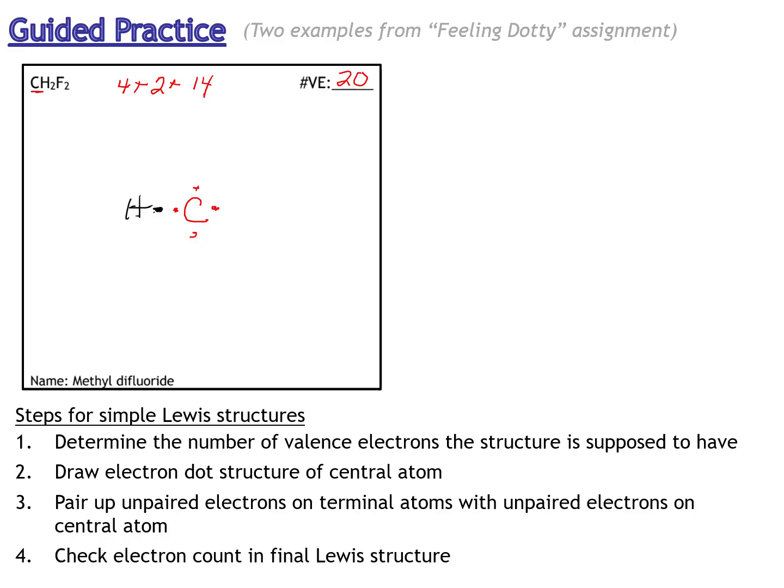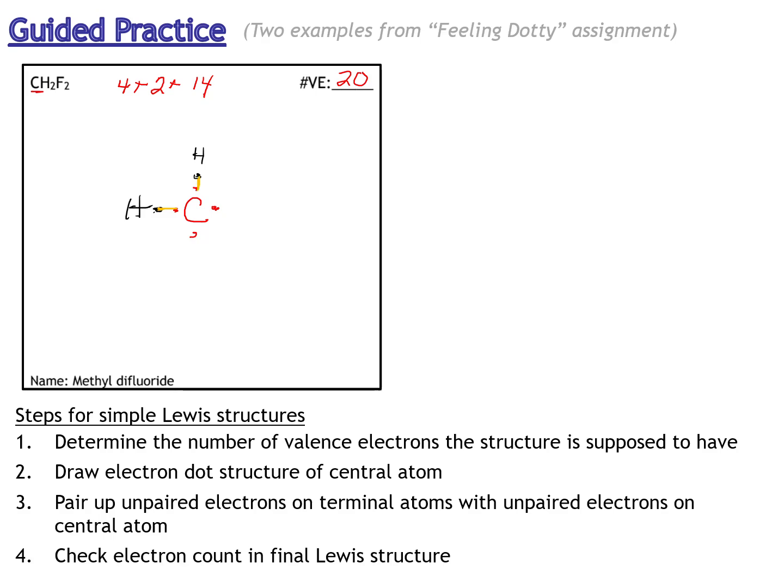Let's change colors. So there's 1 bond. I guess that works. Go back to black. And I'm just going to stick the other hydrogen electron up here. It doesn't matter where you put each one of these things. So there's the single bond that goes between the carbon and the hydrogen.